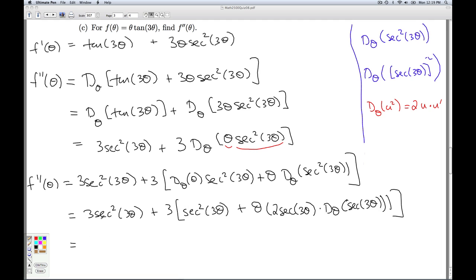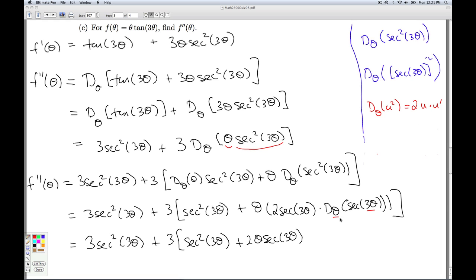So this is equal to 3 secant squared 3 theta plus 3 times secant squared 3 theta. I've got a 2 theta secant 3 theta from combining these first two factors. Now I need to figure out the derivative of the secant of 3 theta. Well, since the variable of differentiation theta is different than what's inside the secant function, I need to use my chain rule.